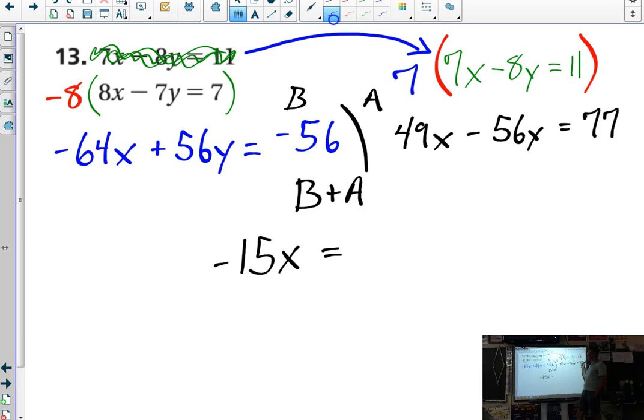And my constants, 56, 77, I get a 21, I believe. And then I just isolate my x, plug it back in, and find my y. This is not lovely, but this becomes 21 over 15, which ends up as 1 and 6/15, which is really awkward.